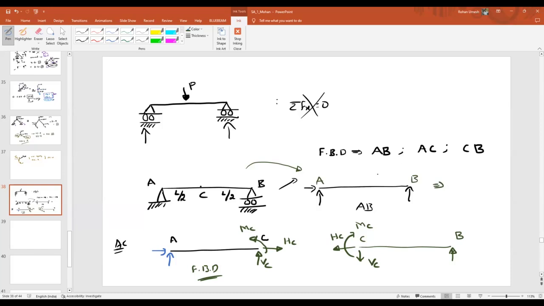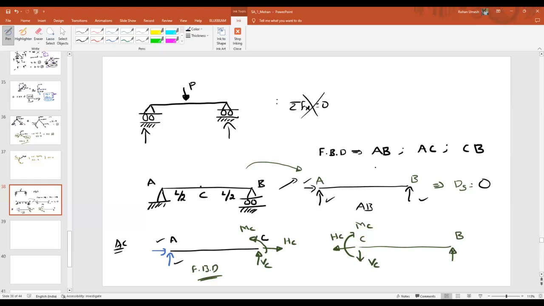Forget about these parts; first we have considered the equilibrium of the entire beam. No, sir, zero. That means I have already found these 3 reactions. Now look at the free body diagram of AC. I already know these.